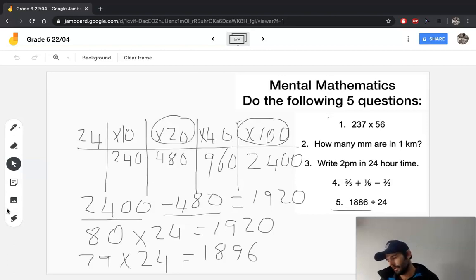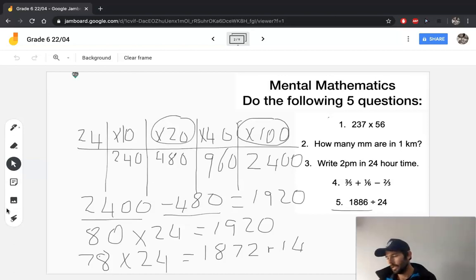I can see that I still need to go back further. So if I said 78 and I took 24 off this 96, that's 1,872. And I can see from there that I've got 14 to go to 1,886. So my answer is going to be 78 remainder 14.